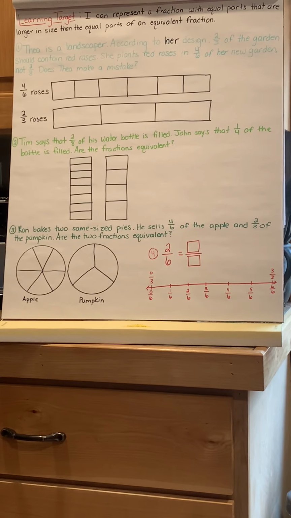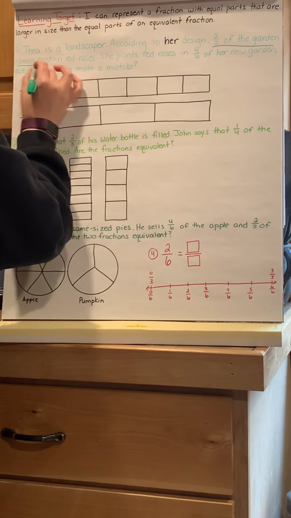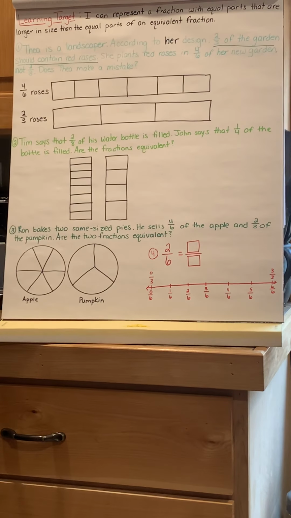Thea is a landscaper. According to her design, 2/3 of the garden should contain red roses. She plants red roses in 4/6 of her new garden, not 2/3. Does Thea make a mistake? So, according to her new design, 2/3 of the garden should contain red roses.